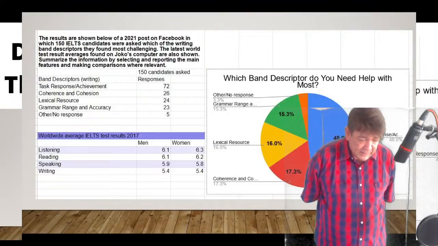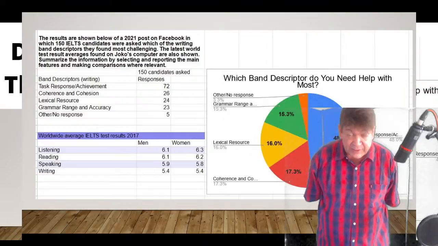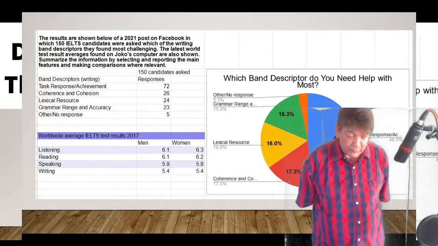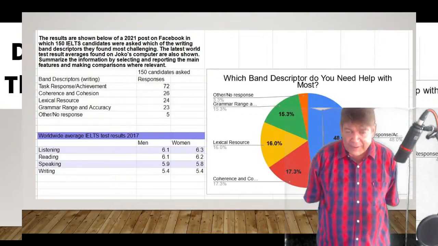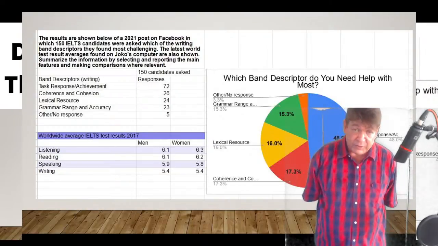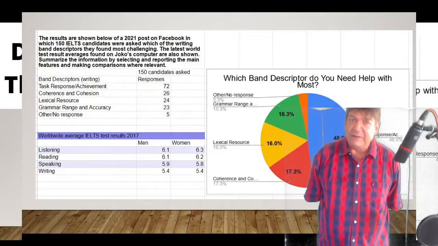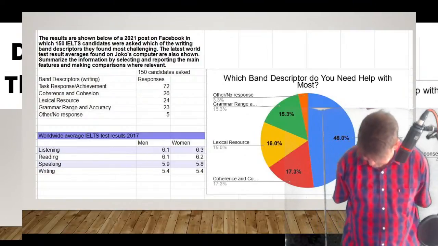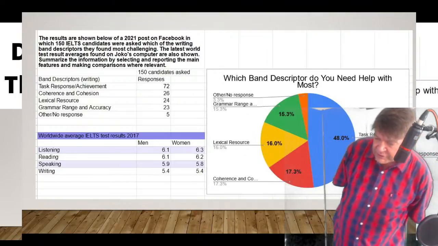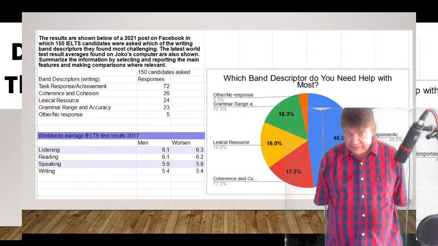But it's writing that gives people the most problems, and then in my experience, it's task response or task achievement that gives people the most problems within the writing itself. So the best way to improve is to identify where your weaknesses are, and for the world, we found it in this topic.